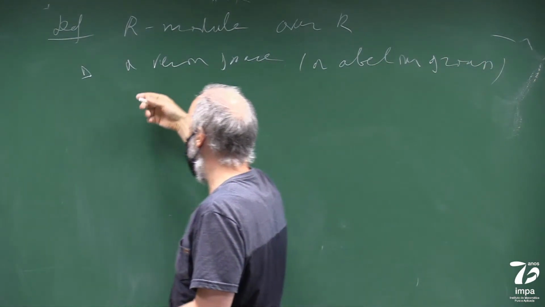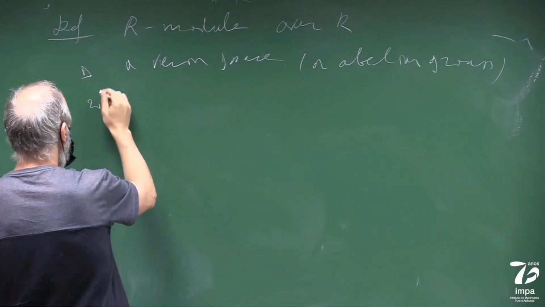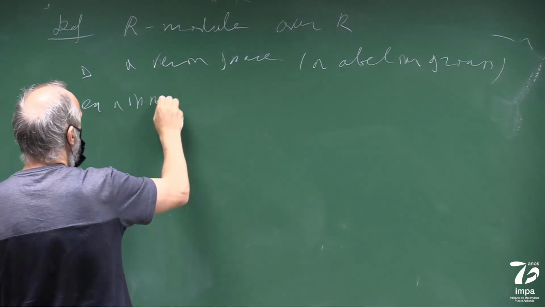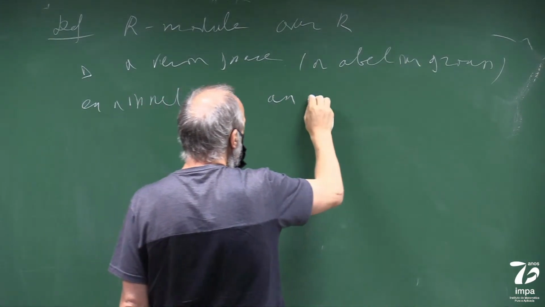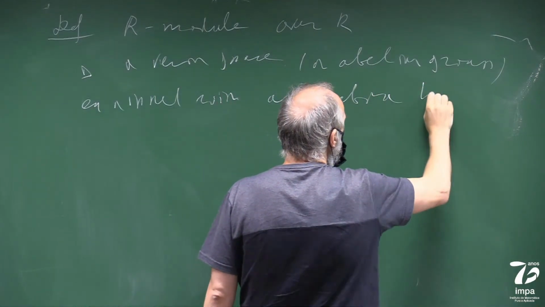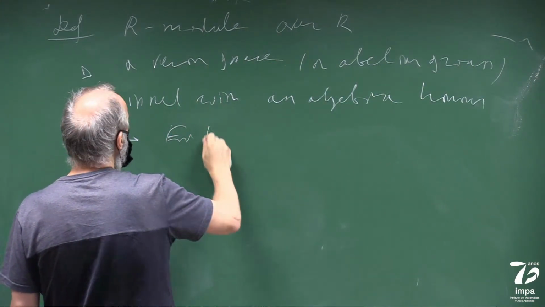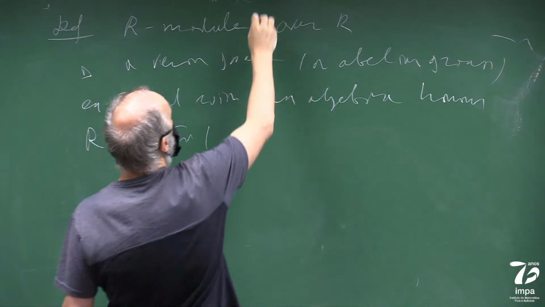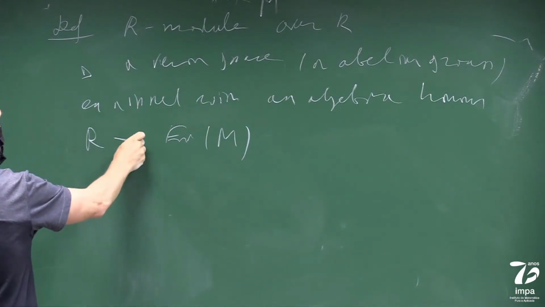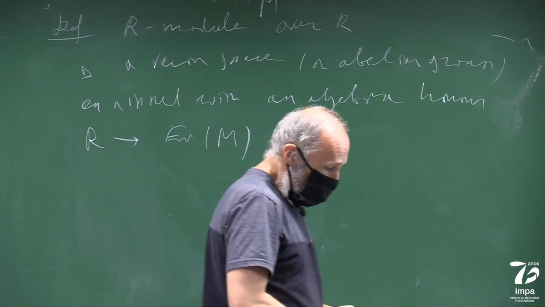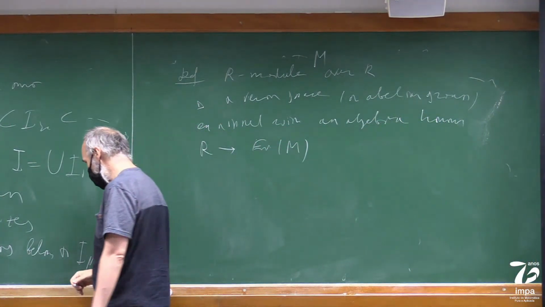Depends on whether your ring is over a field or just by itself, like Z, for instance, like integers, equipped with an algebra homomorphism R goes to endomorphisms of M. This is one of the possible definitions, but the idea is that modules over a ring is the same as vector spaces over a field.